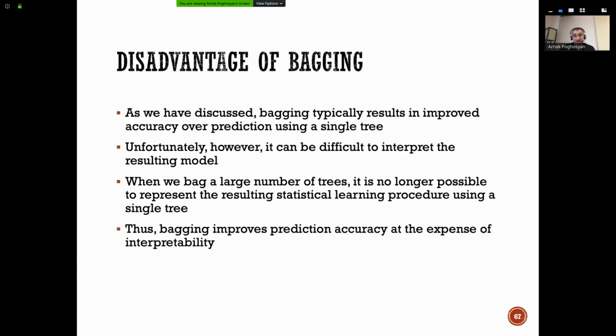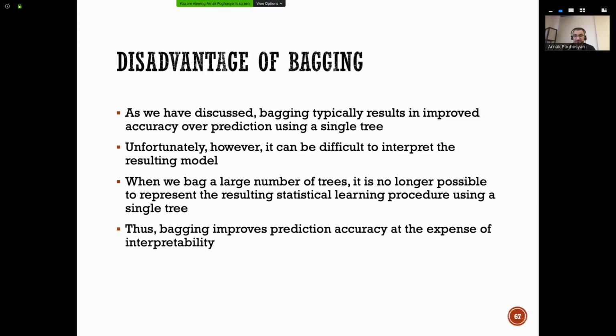Disadvantages of bagging. As usual, we have a very powerful approach, working very nicely, but we need to discuss some disadvantages. Again, very important observation. Remember, interpretability versus power of prediction. We have improved power, but unfortunately, the final result is very difficult to interpret. Why?